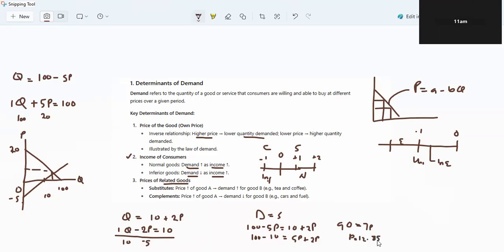We substitute this in any of these. That's 35.71. Q is 35.71.